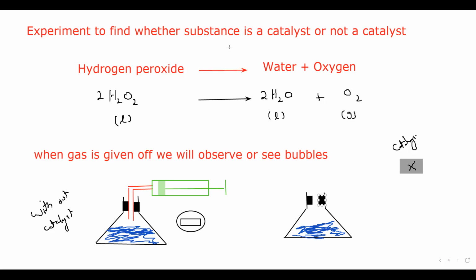This time, because we want to find whether this substance X is a catalyst, we will take this substance and place it in the conical flask. So substance X is placed in the conical flask, and then we'll connect a gas syringe.